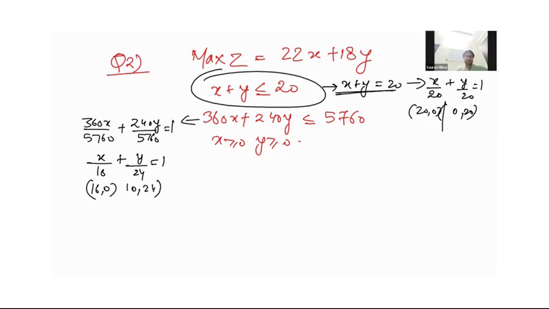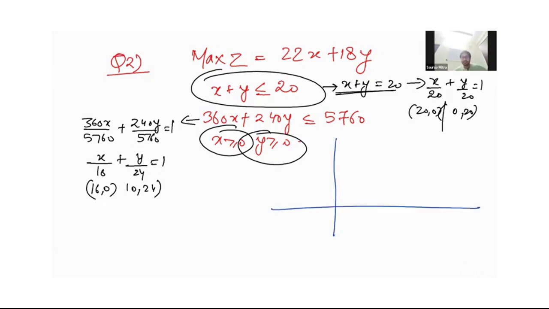Now both conditions are saying that your graph will be in the first quadrant. Now let us plot this. So 20 comma 0 and 0 comma 20 means 20 comma 0 here and 0 comma 20 like this. If you join these 2 points, this is the equation of x plus y equals 20.